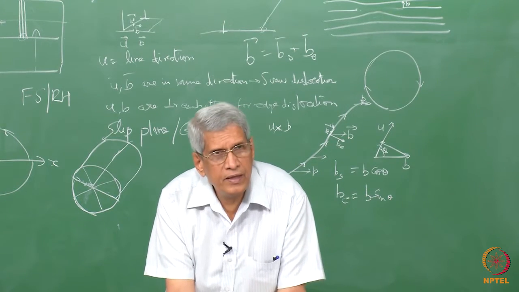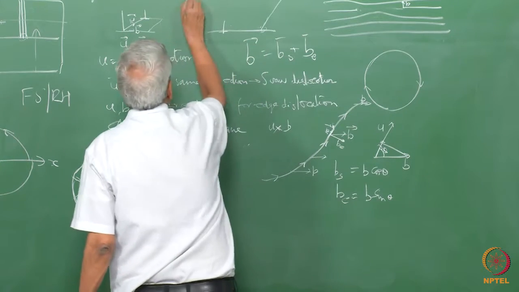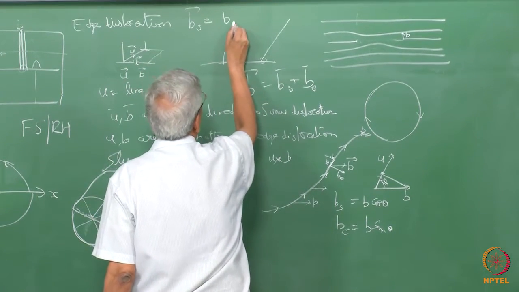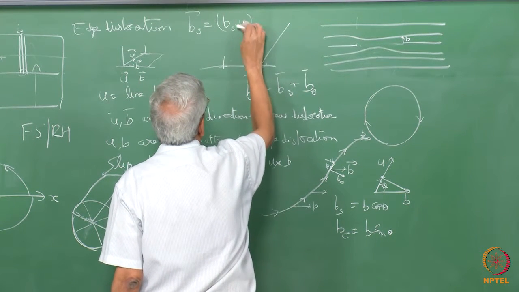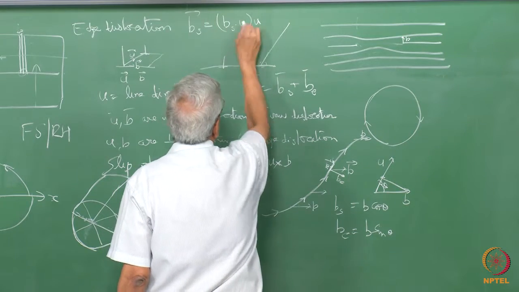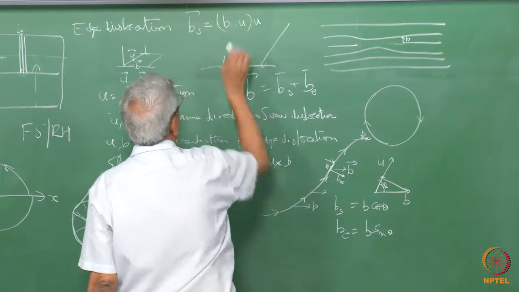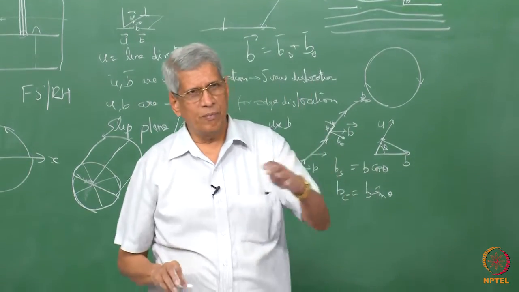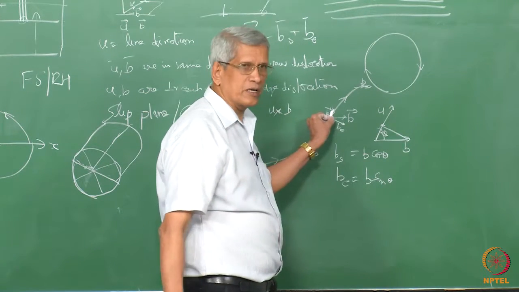And the definition of bS is b dot u, that is, if the Burgers vector is inclined, you find out its component in this direction.